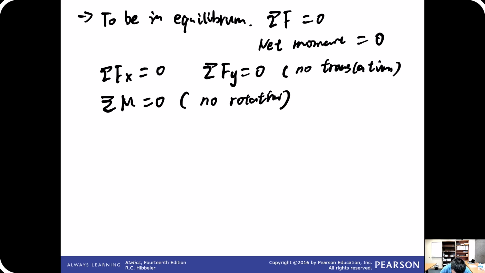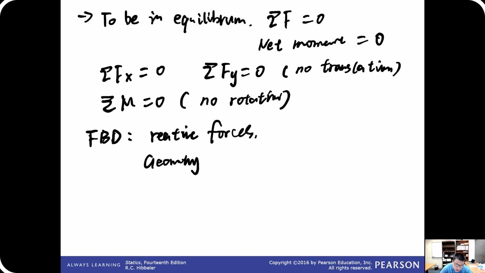So free body diagram. From today we will also start practicing drawing a free body diagram of the rigid body. The free body diagram should show reactive forces and also the geometry of the rigid body, and then we apply our equations of equilibrium to solve the problem, or solve the unknowns.